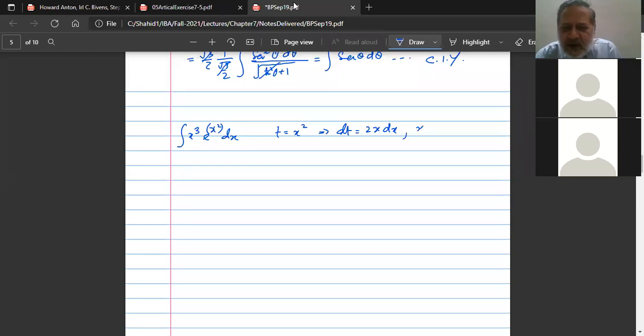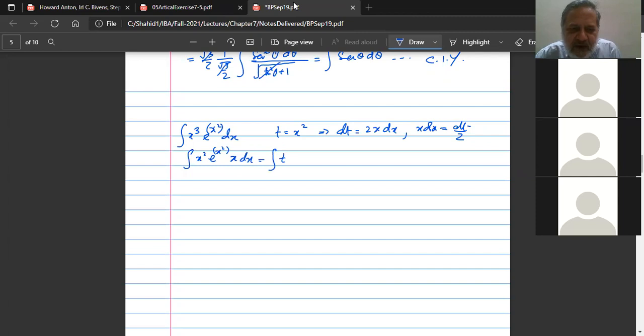No, but x dx I do have available in this question, dt by 2, but I have to rewrite this question like this: x square e power x square, and then from x cube, x square is written, and the rest remains x dx. So this integral then becomes t e power t in place of x square, and dt by 2 in place of x dx.